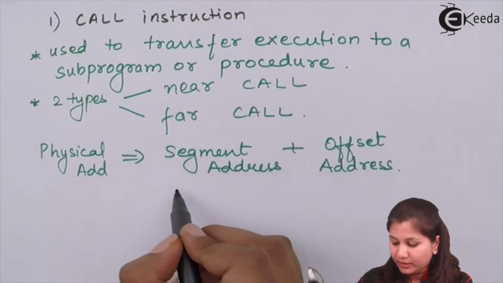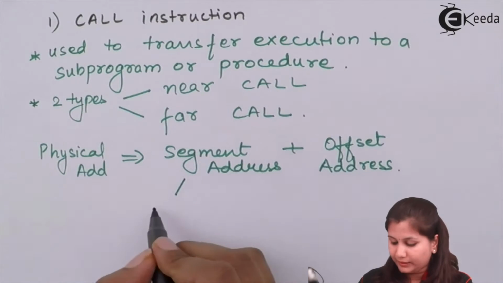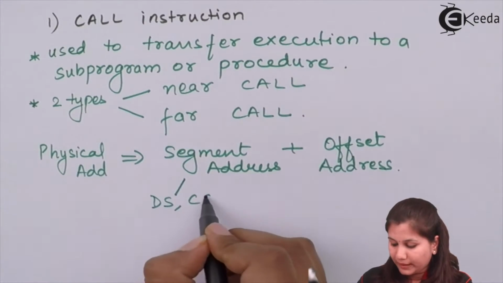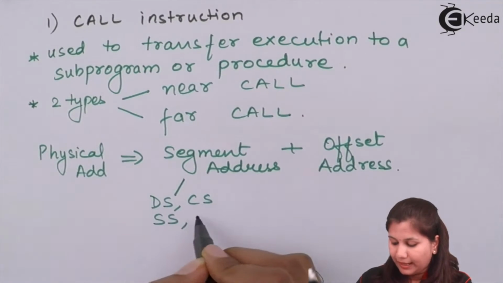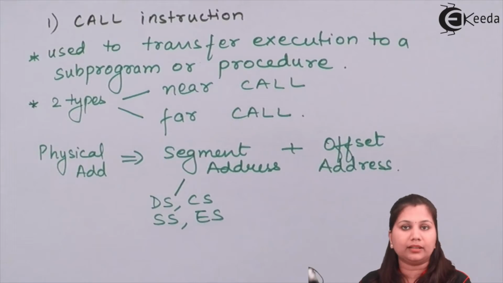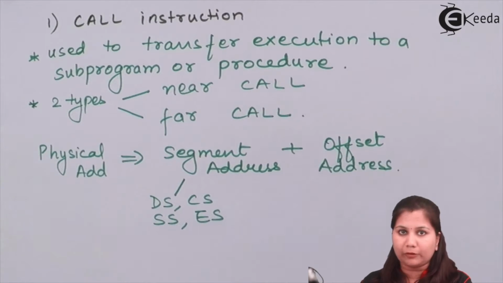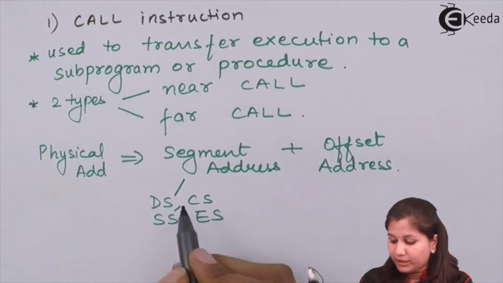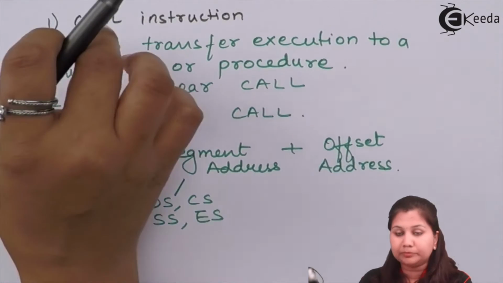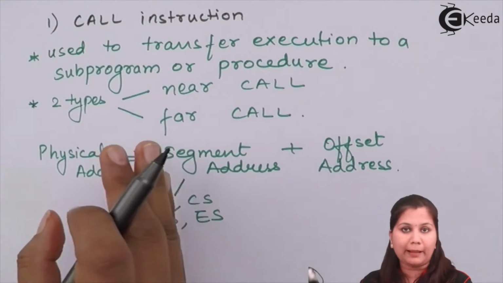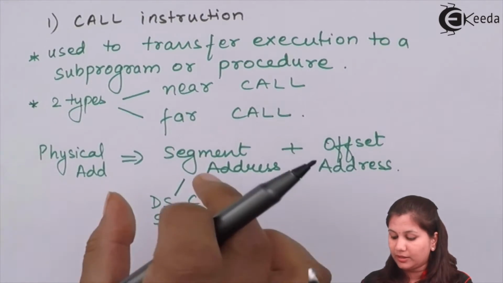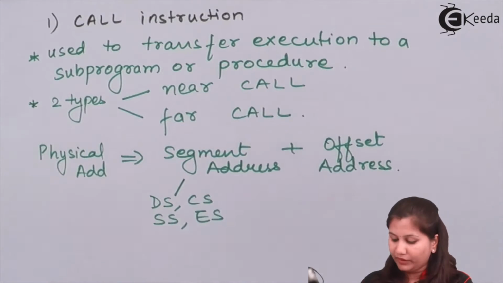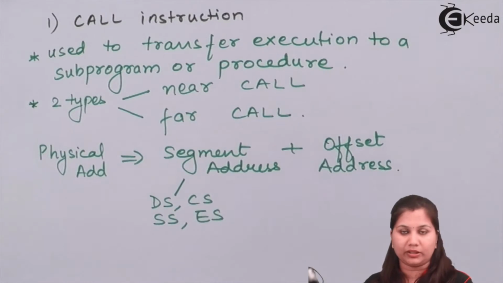There are four segments in the 8086 microprocessor: data segment, code segment, stack segment and extra segment. Now suppose the main program is written in the code segment.